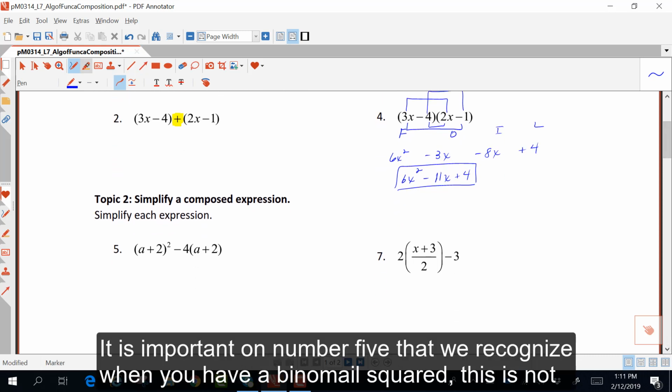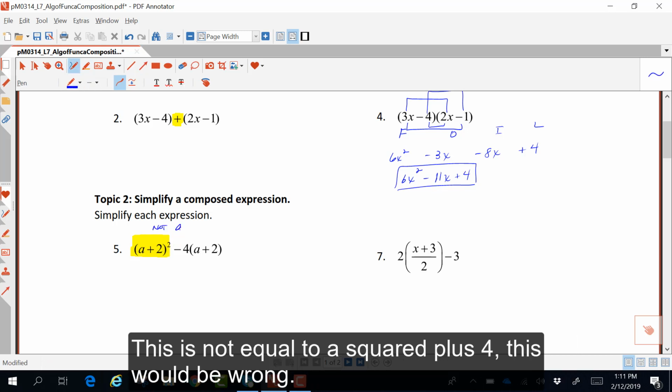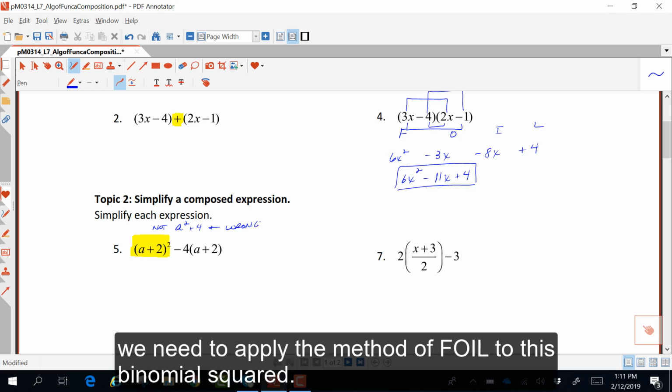It's important on number 5 that you recognize that when you have a binomial squared, this is not equal to a squared plus 4. This would be wrong. We need to apply the method of FOIL to this binomial squared.